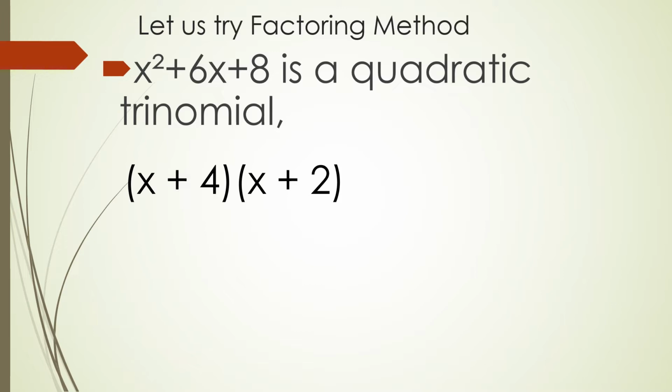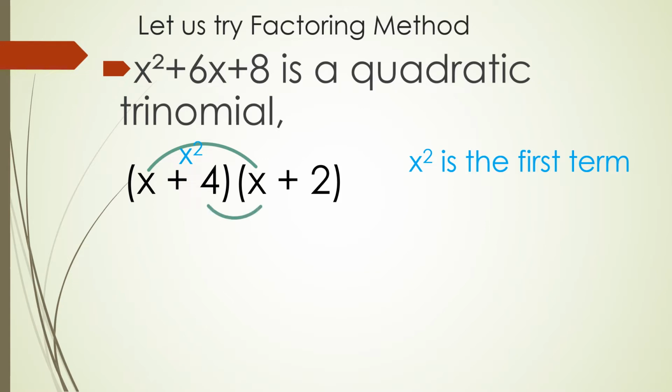How? I will use the FOIL method. Let us recall. First, x times x is x squared, and x squared is the first term. So that is correct. I was able to get the first term, x squared.